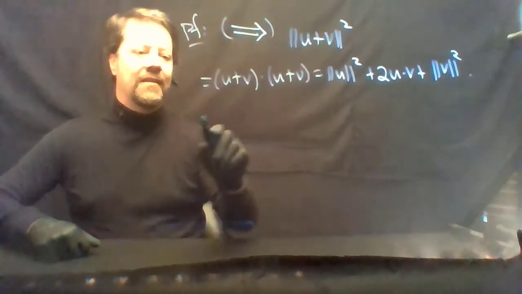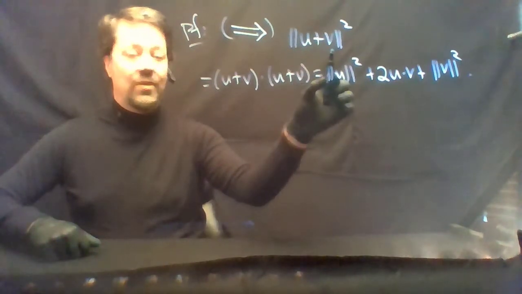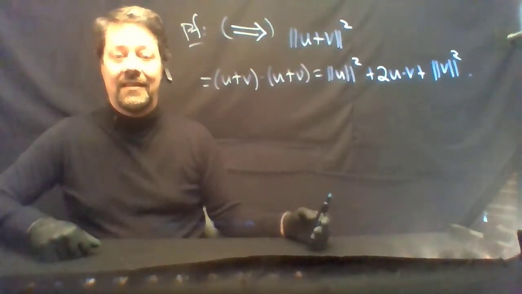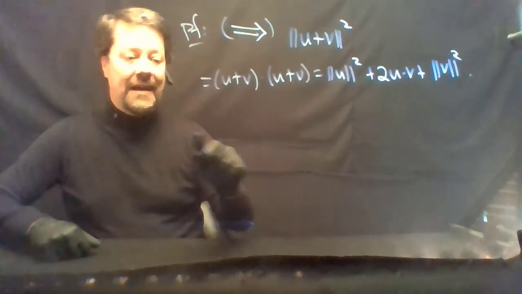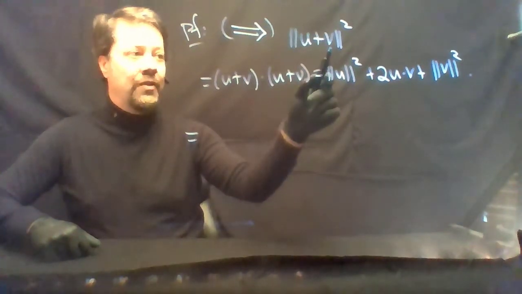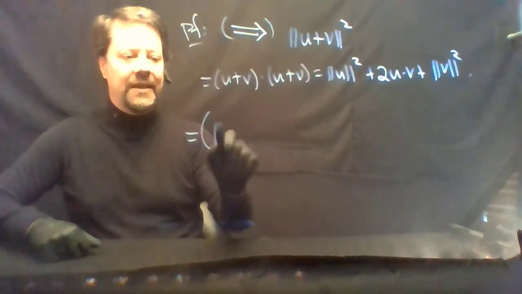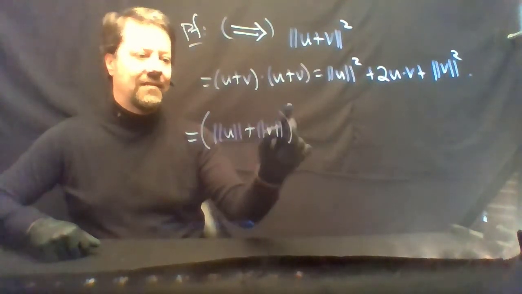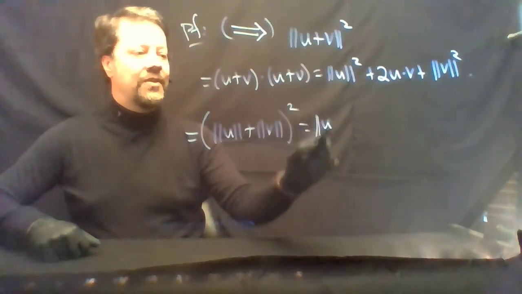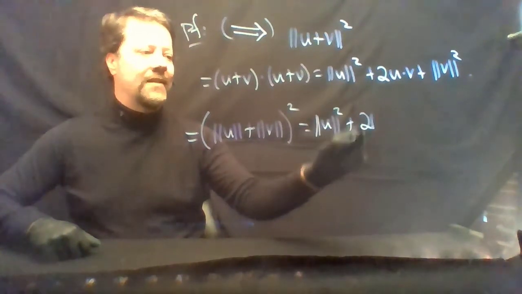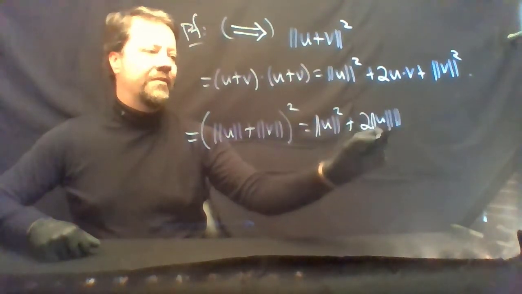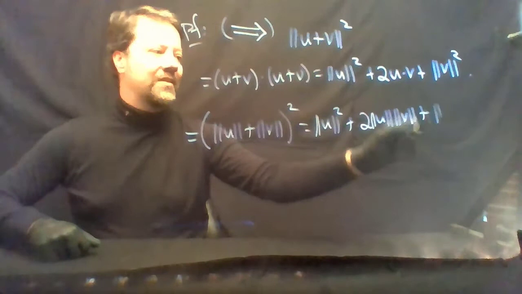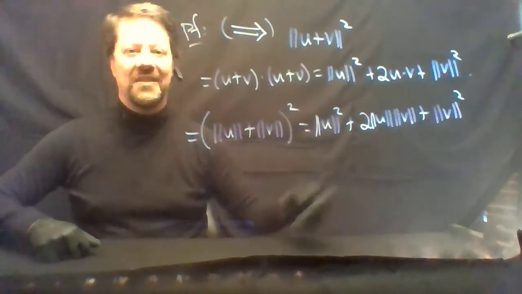Now, according to our hypothesis, the norm of u plus v squared must then be norm of u plus norm of v squared, which is the norm of u squared plus twice norm of u norm of v plus the norm of v squared.